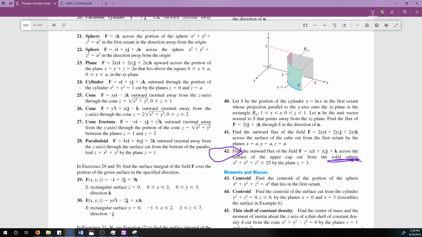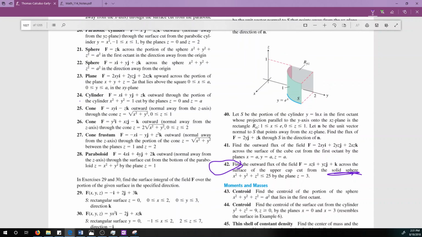This is a big deal when it comes to chapter 16.8. So when you have a paraboloid, you have equals to. So when you're cut by z is equal to 1, you don't have a lid. But if you had a dense paraboloid, or if they said a solid paraboloid, and then instead of an equal sign they had a greater than or equal to or less than or equal to, I'm not sure which one, then we're talking about a paraboloid that's going to be dense all the way through.